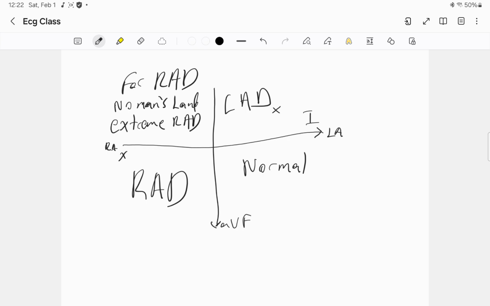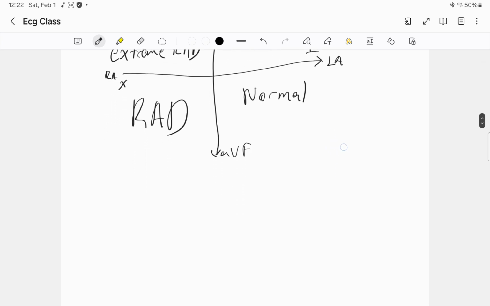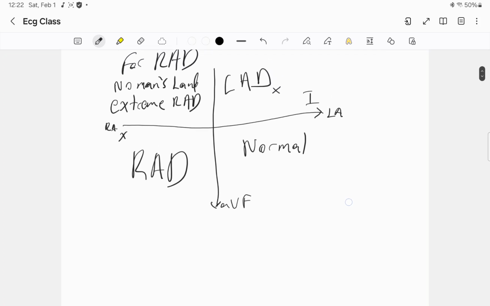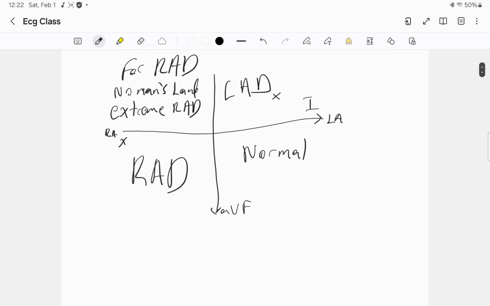So for example, for an ECG to have a normal axis, what we're saying is the electrical impulse is going towards the left and also downwards.